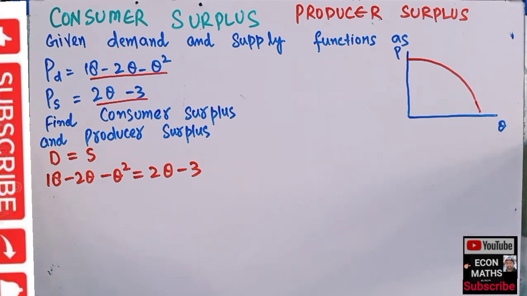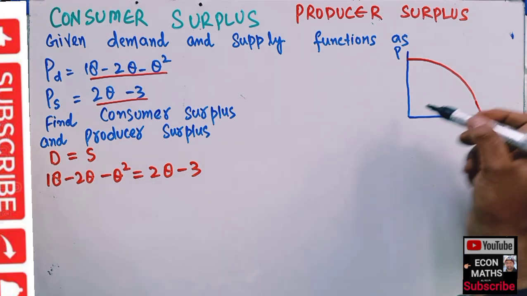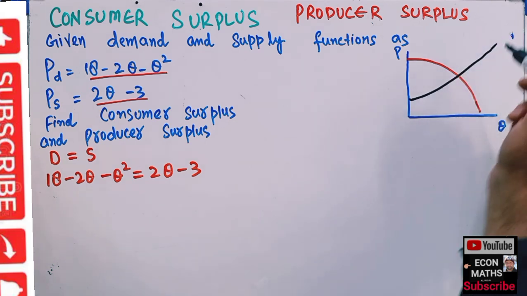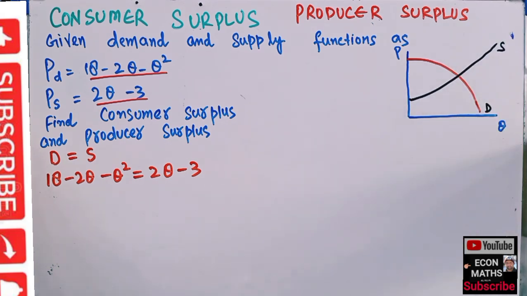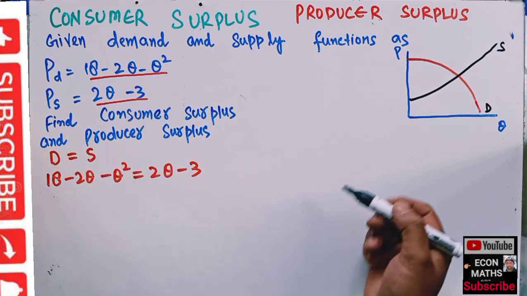And we also have the supply function, an upward sloping supply function. So at equilibrium, first we need to find the equilibrium price and quantity. For that we equate these two functions. So let us solve this first here.